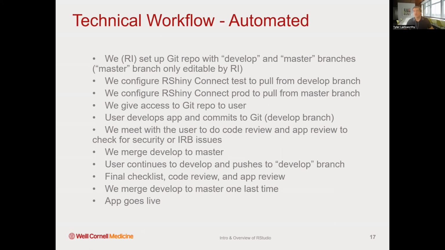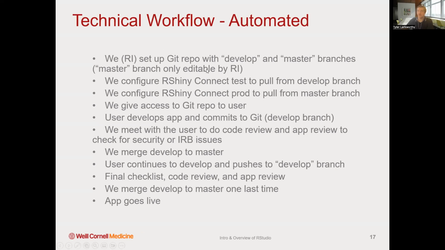A somewhat easier workflow in terms of automation is using Git. For this workflow, we will actually handle setting up the Git repo, and it will have two important branches, develop and master. The master branch will be essentially read-only for the end user.